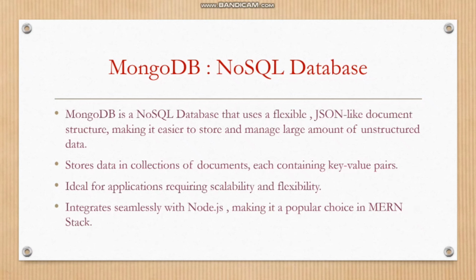It stores data in a collection of documents, each containing key value pairs, and it is ideal for applications requiring scalability and flexibility, right? It integrates seamlessly with Node.js, which makes it a popular choice in the MERN Stack.